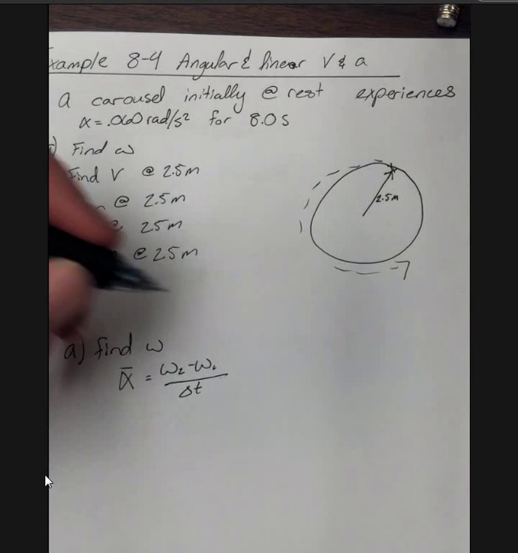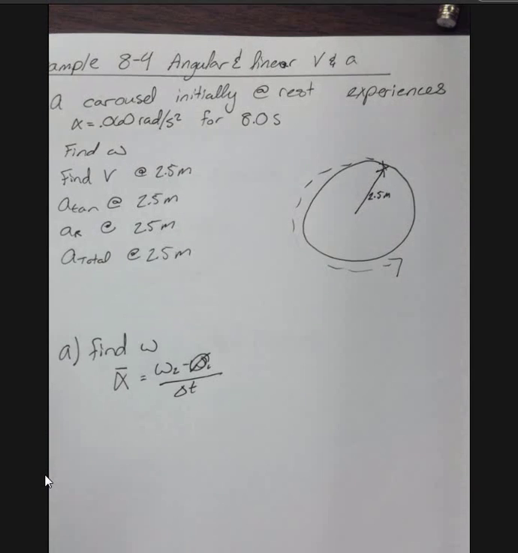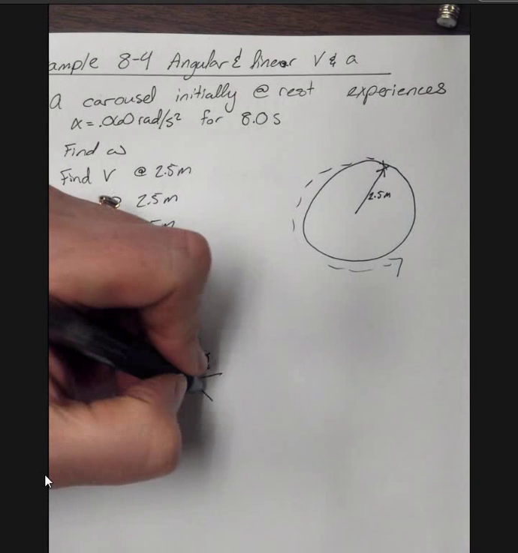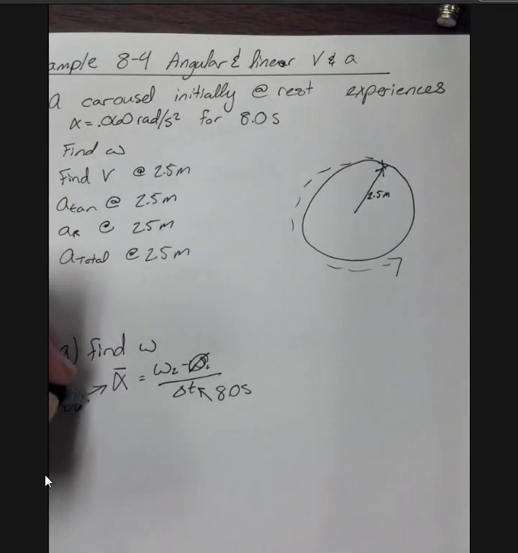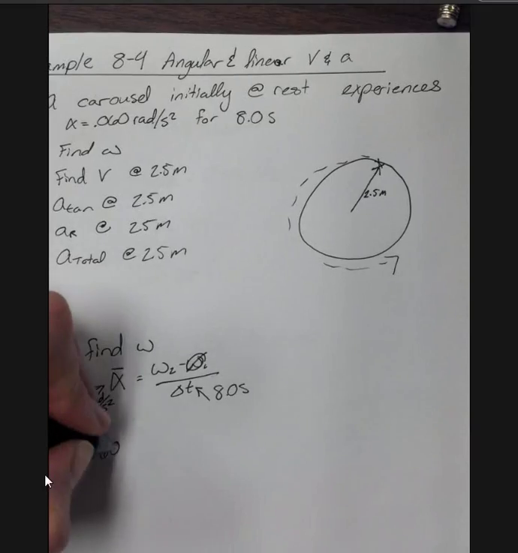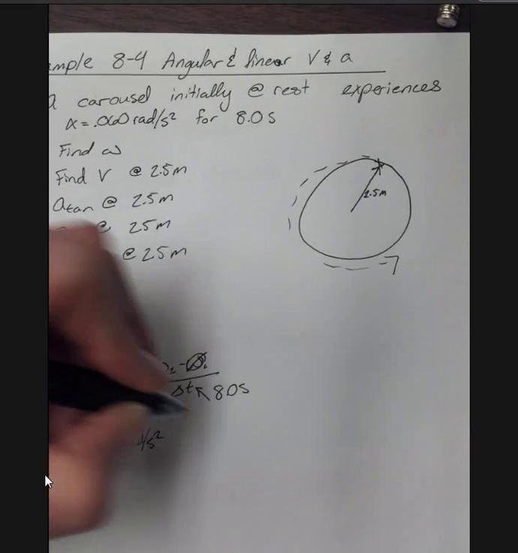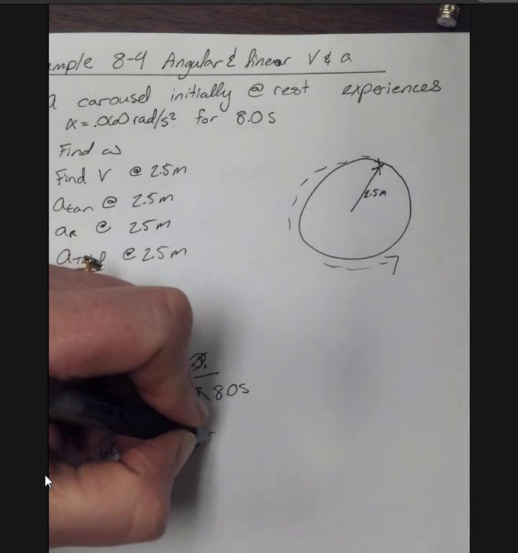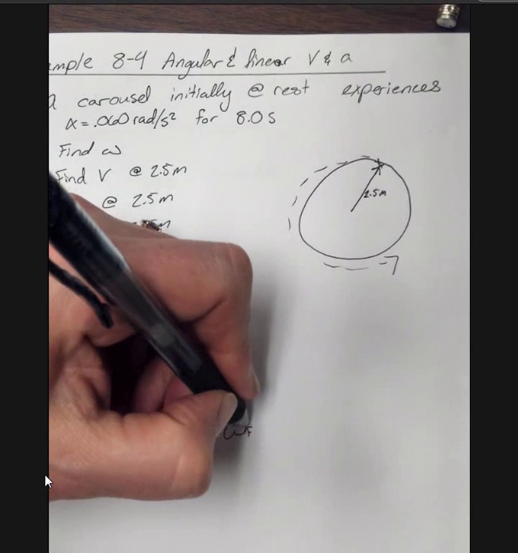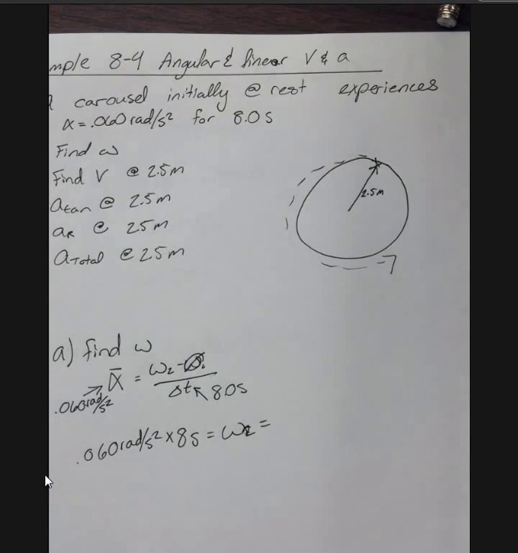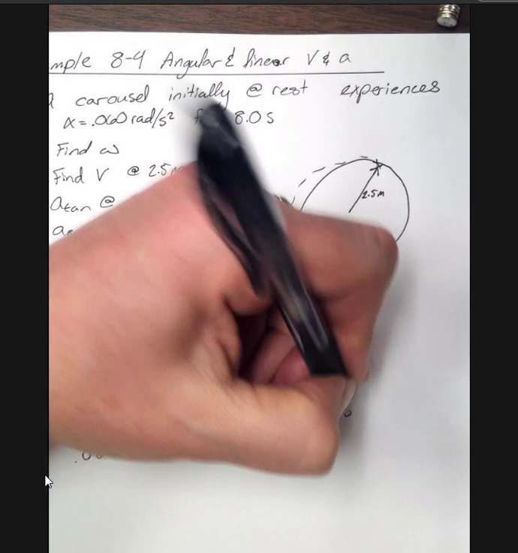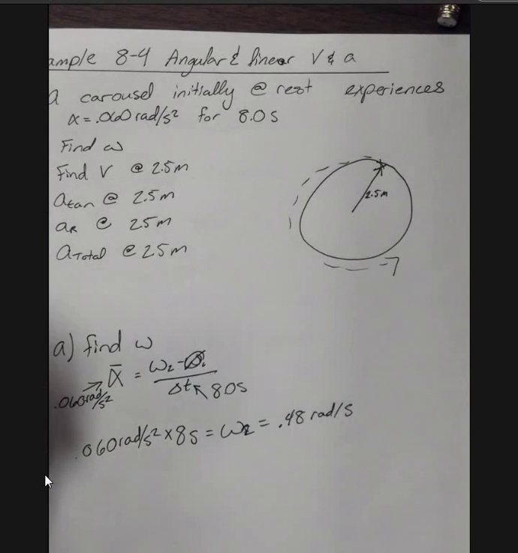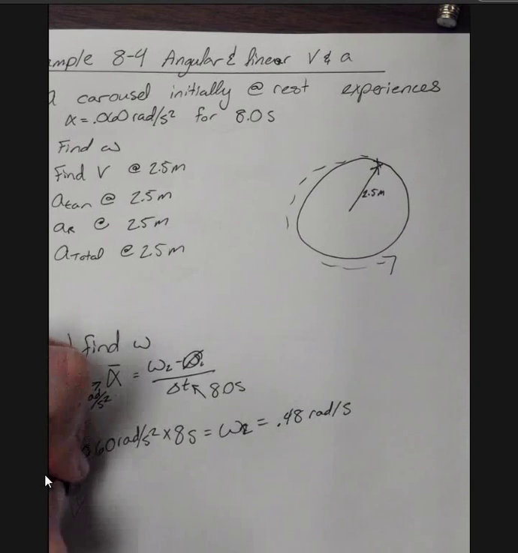It started from rest, so our initial angular velocity is 0. Our time is 8 seconds. So 0.060 radians per second squared times 8 seconds gives us our final angular velocity, which is 0.48 radians per second.